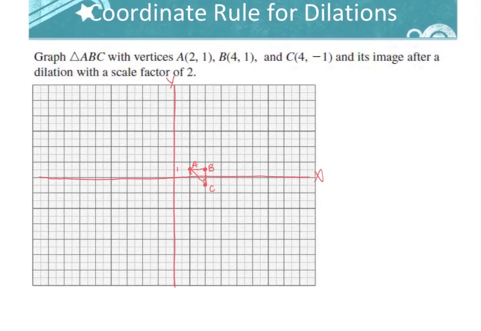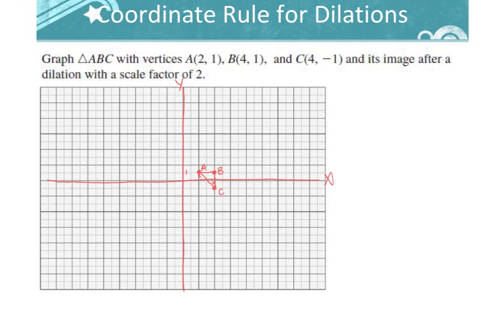Now, we're scaling it by a factor of 2, so go ahead and write at the top, K equals 2, all right? So now A prime is going to be 2 times 2, comma, 1 times 2. We took the original coordinates, 2, 1, and we multiplied each of them by the scale factor, which was 2, okay? So now A prime is actually 4, 2. Let's plot that.